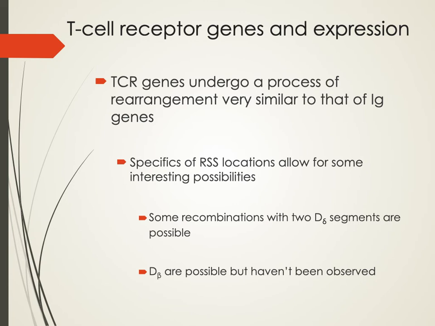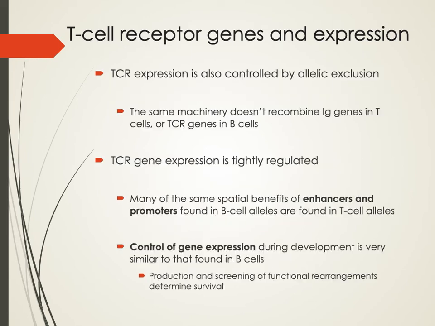It is possible to get more than one segment, so you can have two D segments. That's possible, and that's been observed for the delta gene, but for beta, it's possible, but it has not been observed.